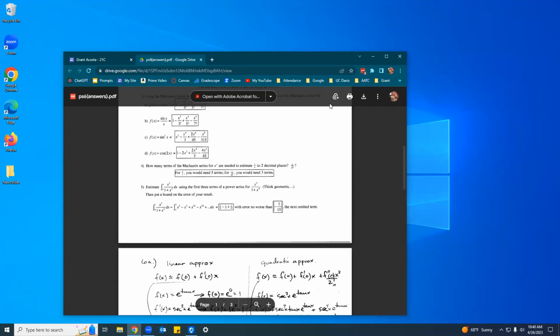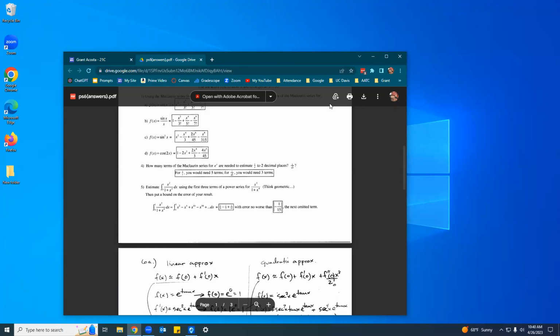Square both sides, get L squared equal to 6L. Subtract 6L from both sides. Factor. And you get either L equal to 0 or L equal to 6. Those are the two potential limits.